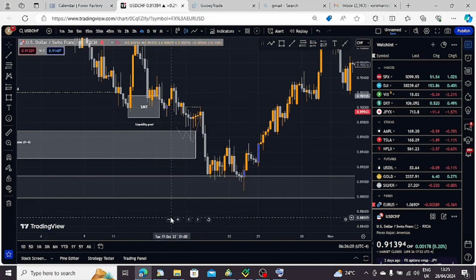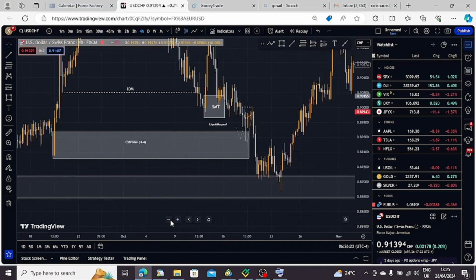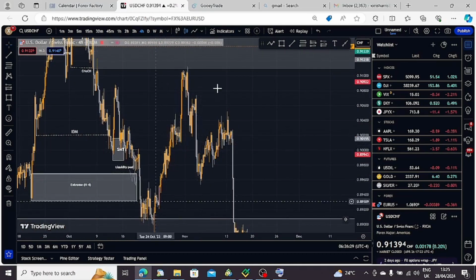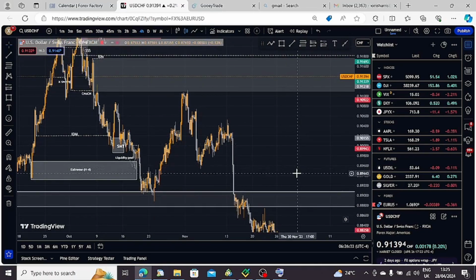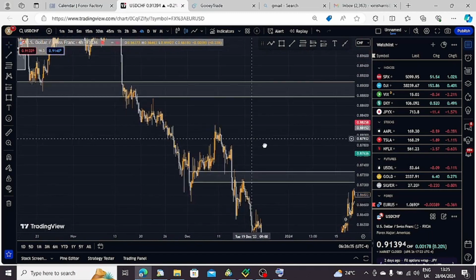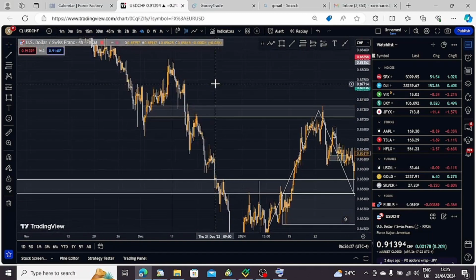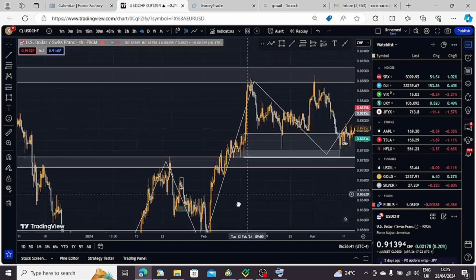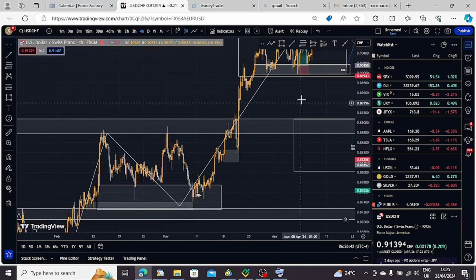My support caught, supported price there, and we got to see some upside momentum coming in. Prices became bullish for some time, the 4-hour time frame, and started the downtrend, respected the trend so well. So now we're on the bullish side of this trend.